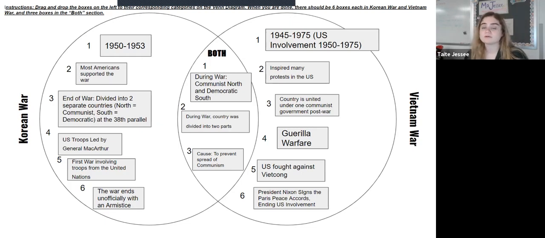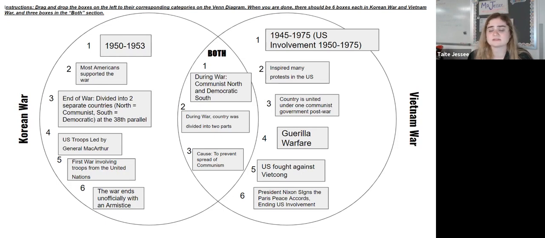In the Vietnam War, U.S. involvement goes on for a long time. The beginning of the conflict in Vietnam, the end of French imperialism in Vietnam, occurs around 1945, but the U.S. doesn't really become involved until 1950. The U.S. involvement will last until 1975, so quite a long time. You can see a huge difference between 25 years and 3 years.